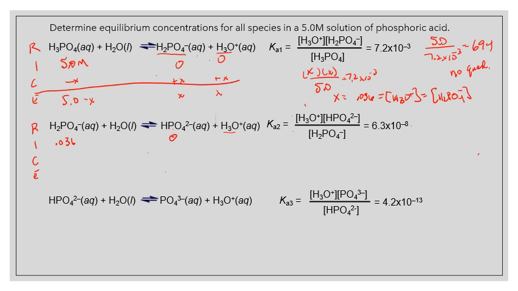So in this situation, I would also have 0.036. So now when I solve for x in this case, I would have 0.036 times x divided by 0.036 equals 6.3 times 10 to the negative 8th.